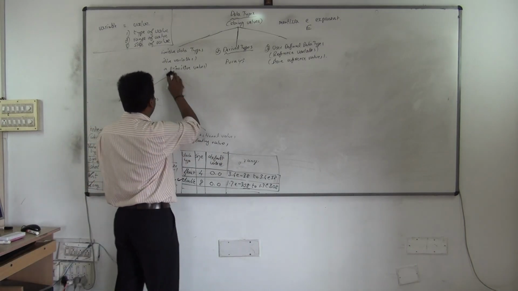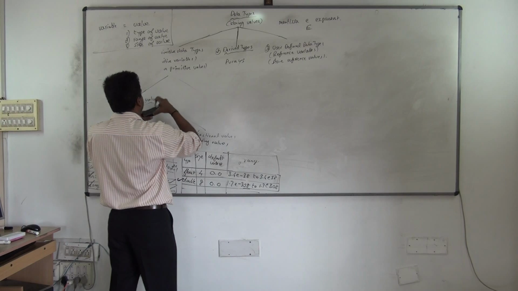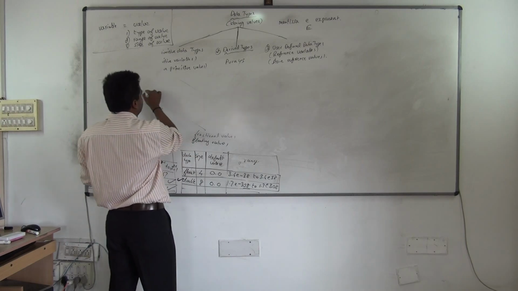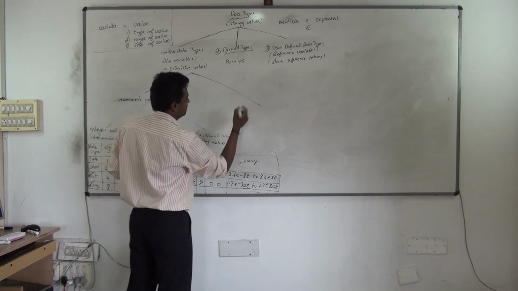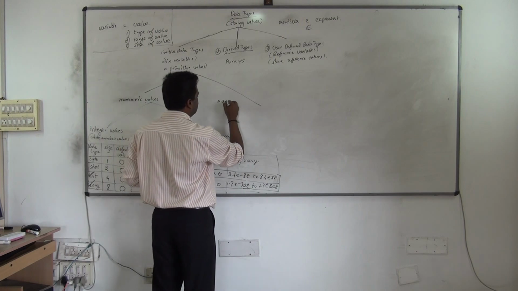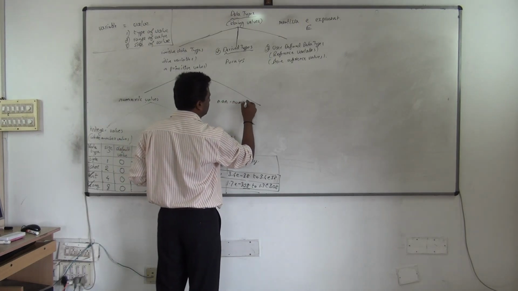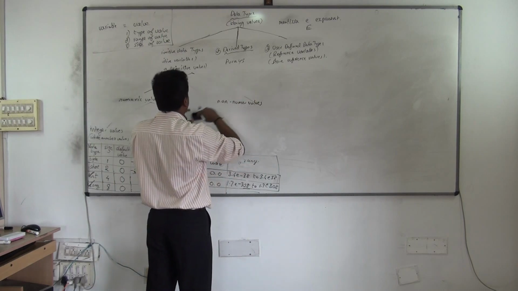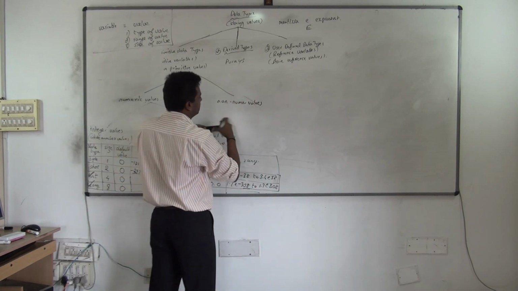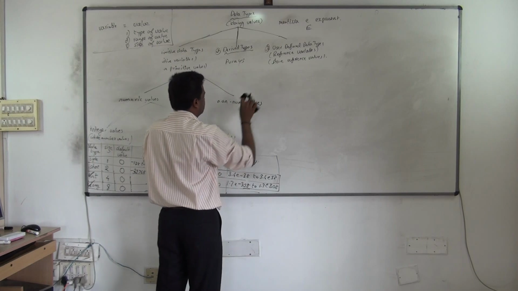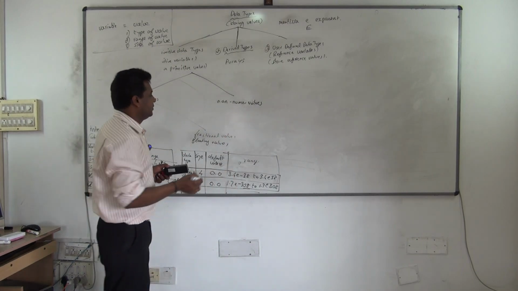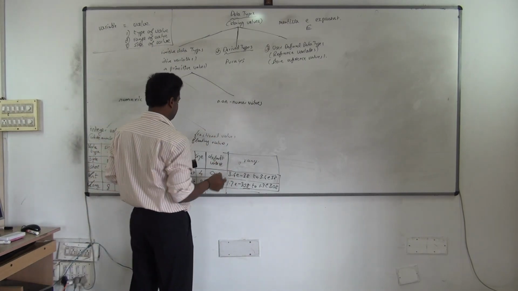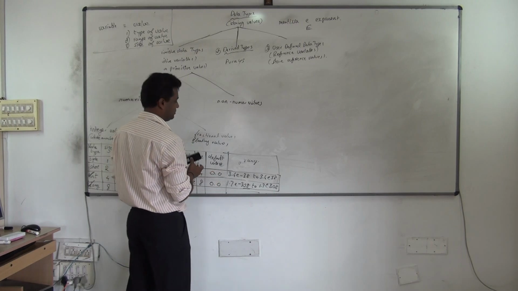Can you guess how many types of non-numeric values there are? There are two types of non-numerical values.